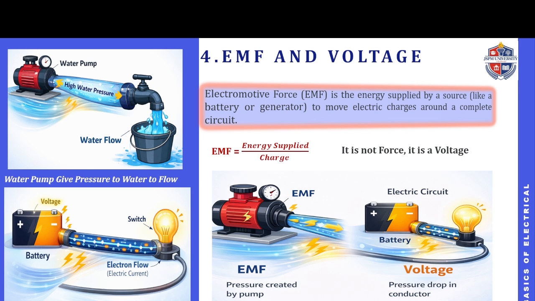So electromotive force is the initial force applied to the electron to move through the entire circuit. But potential difference or voltage is due to the characteristics of some electrical element or the path of the particular wire, which causes some force difference. That difference is called voltage or potential.